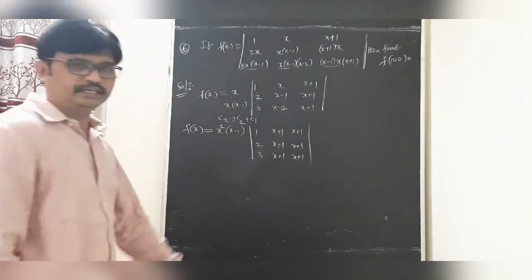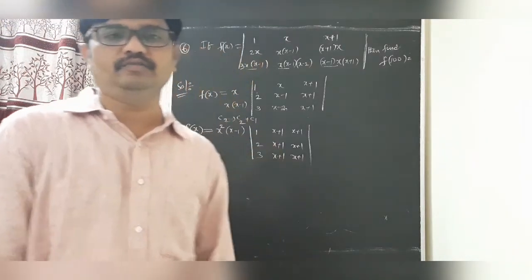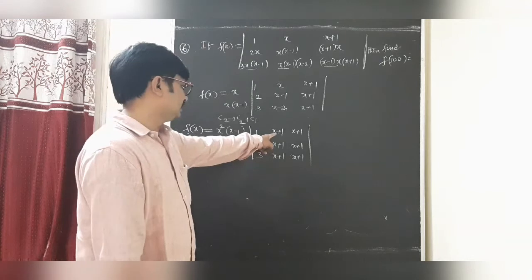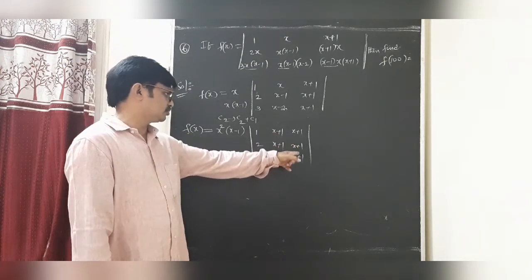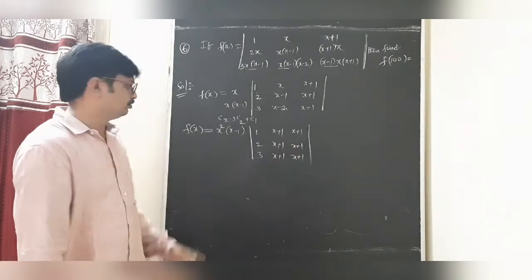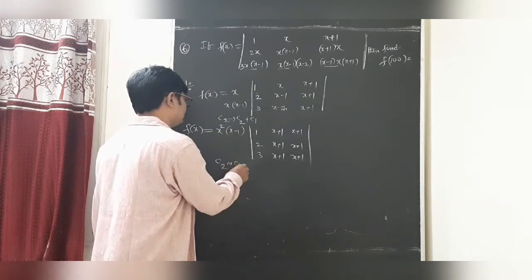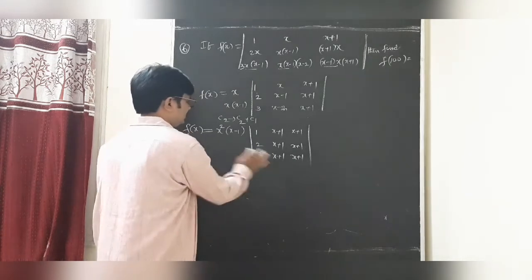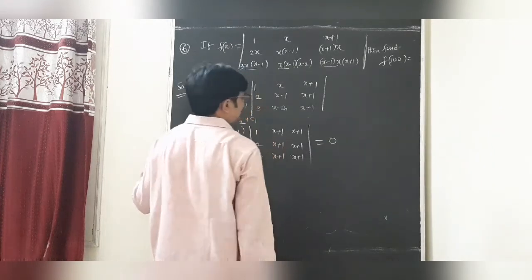What we observe here is that column 2 and column 3 are identical: x plus 1, x plus 1, x plus 1. When columns C2 and C3 are the same, the determinant will be 0.